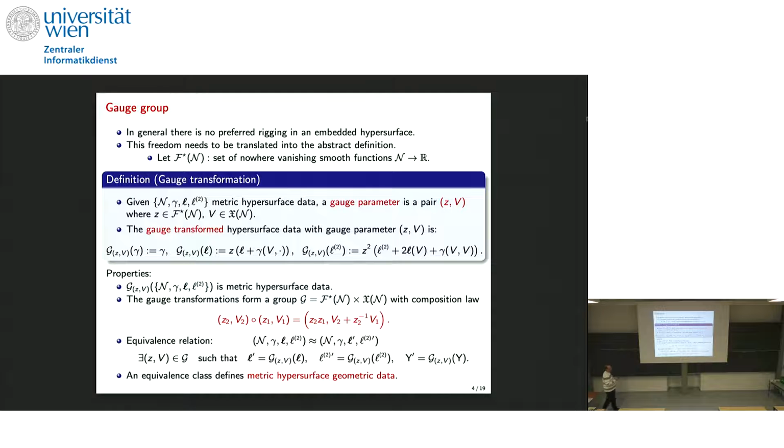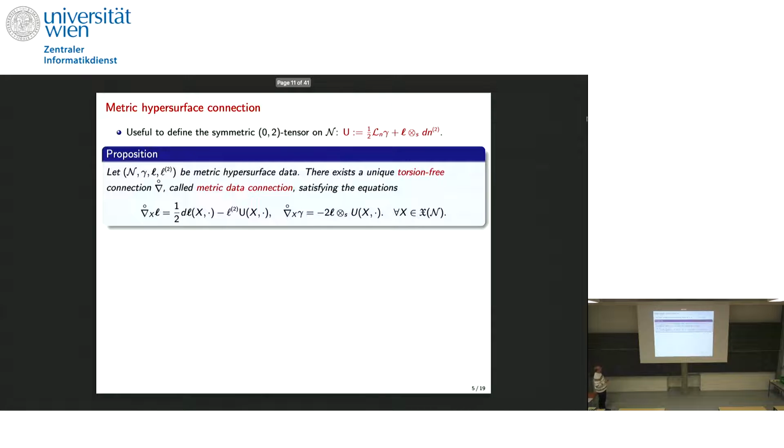Okay. Now the question one asks oneself is, what can you do with this kind of construction? Now it turns out, and this is the key result actually, that in order to be able to do geometry in this abstract setting for hypersurfaces, you can define a canonical torsion-free connection.